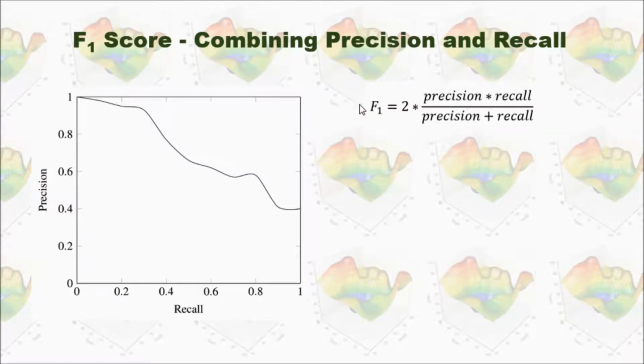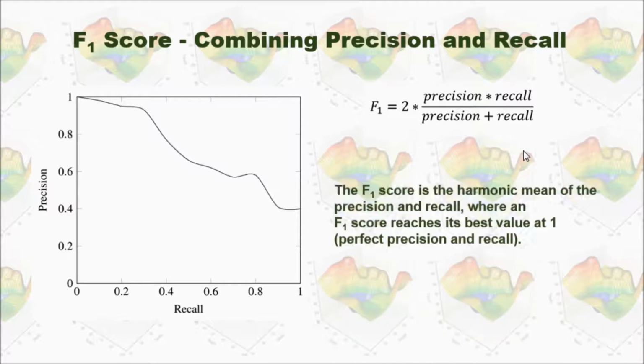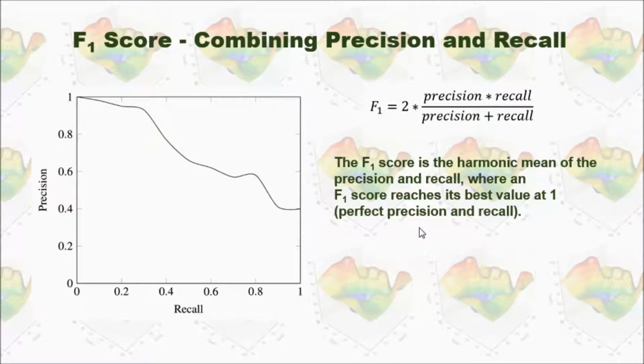Then we can use the F1 score to do that. The F1 score is calculated based on this formula. So that considers precision and recall, and the best value of F1 will be 1. That means we made a perfect prediction.